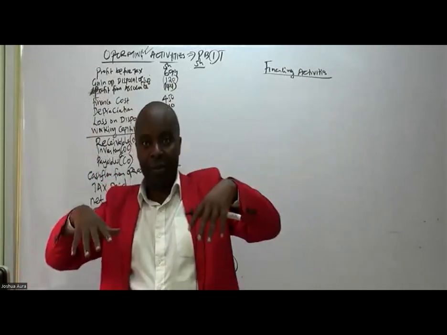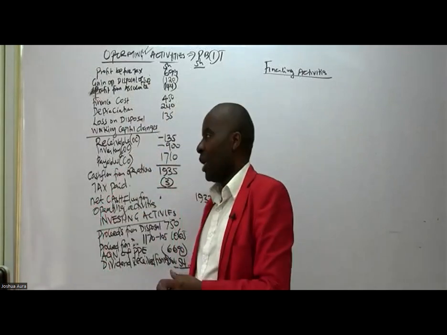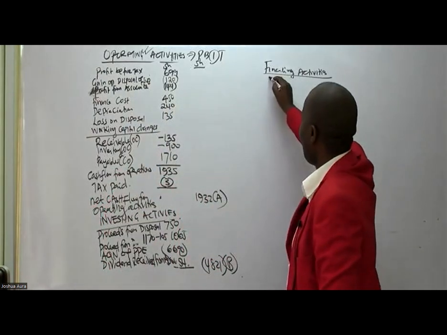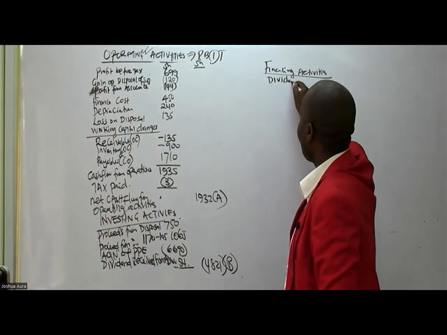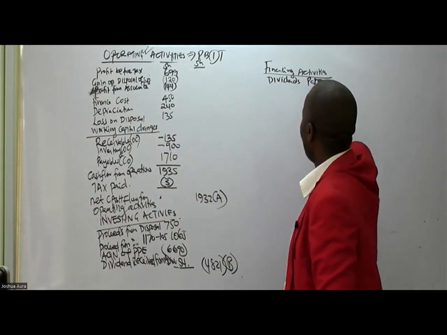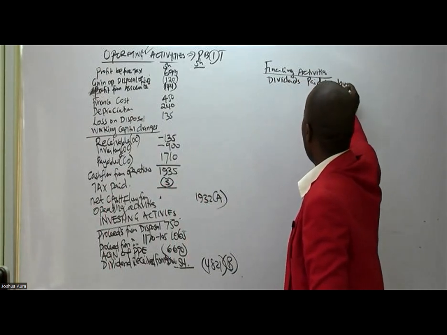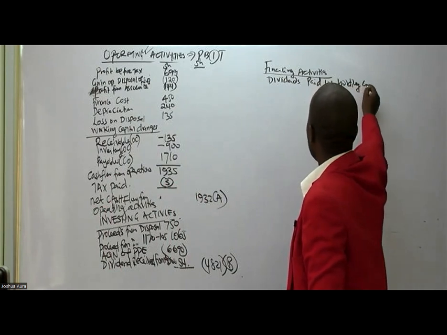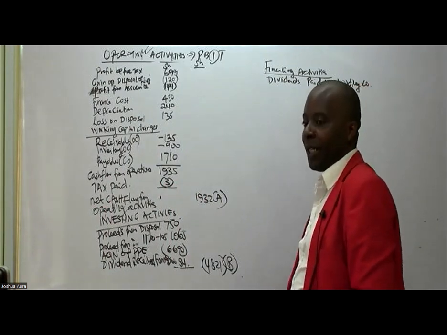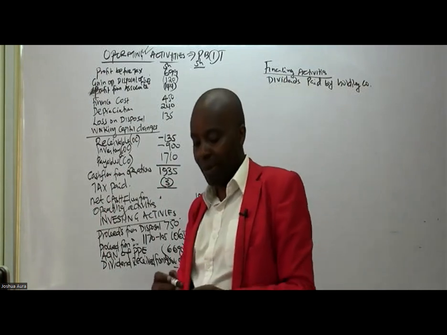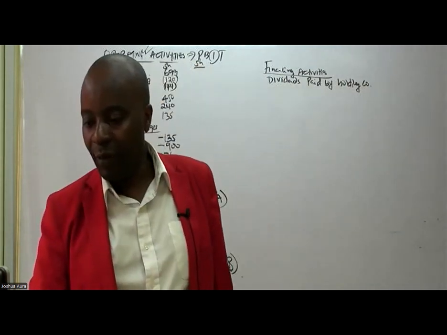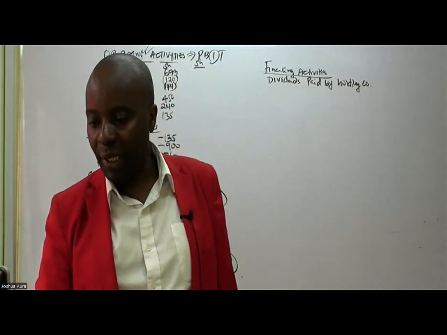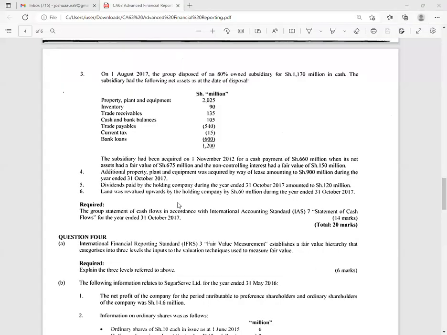Remember, these are group cash flow statements. Dividends paid by the holding company, they have given us a figure of 120 million.